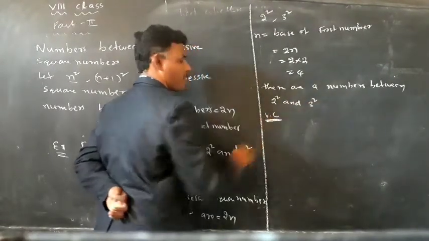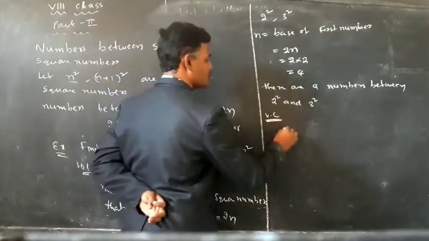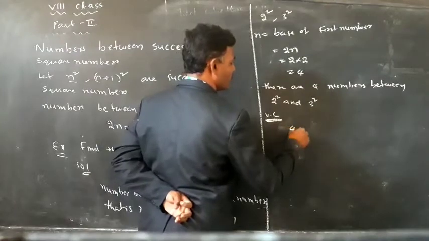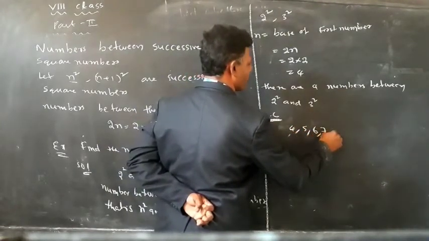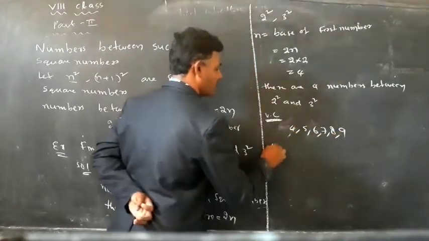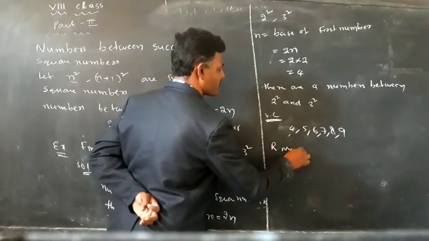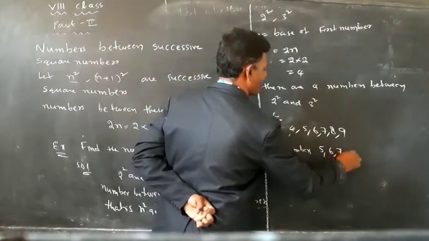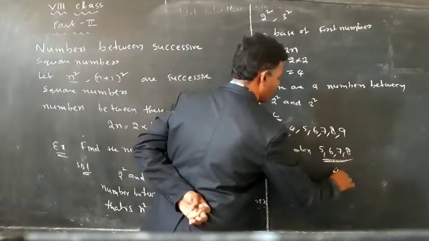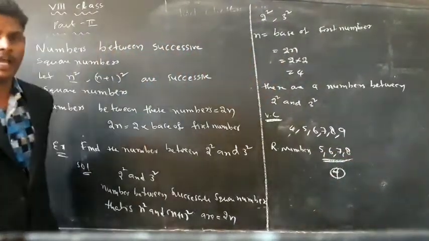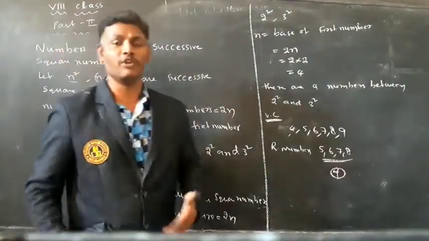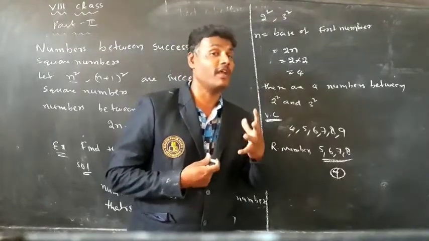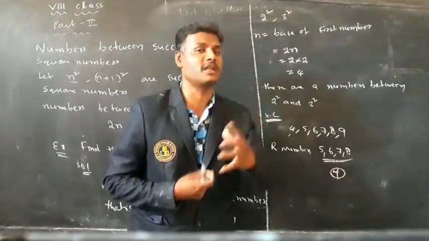Let's do verification. 2 square means 4, then 5, 6, 7, 8, 9. The required numbers are 5, 6, 7, 8. Total how many are there? 4 are there. So to find the numbers between two successive square numbers, what is the formula? 2n. What is the meaning of n? n is nothing but the base of the first number.